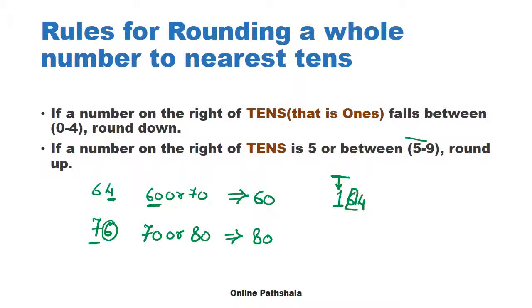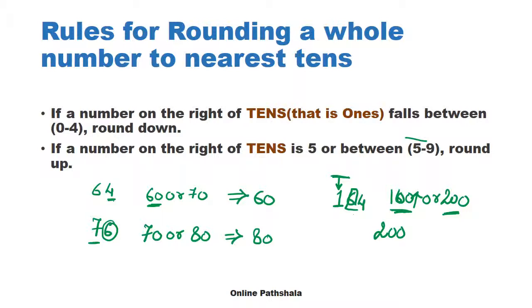Where is 6 falling? It's falling between 5 to 9, and so you need to round it up. So the answer would be 200, because the nearest hundreds to 164 will be either 100 or 200. The floor value is 100 and the ceiling value is 200.